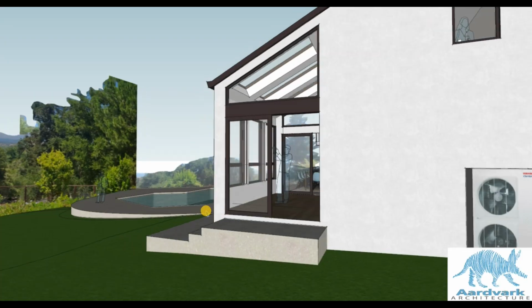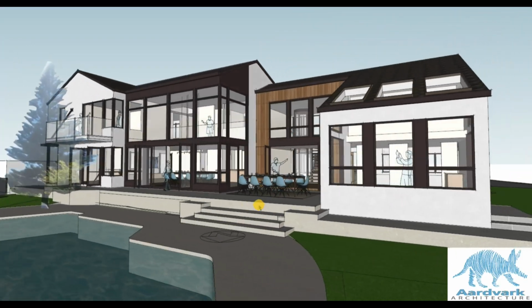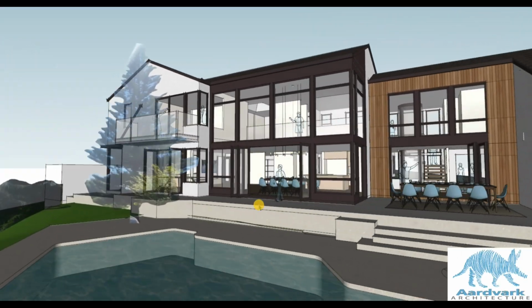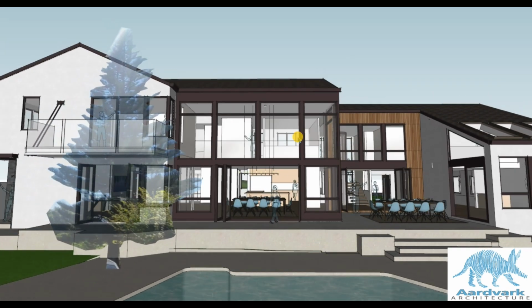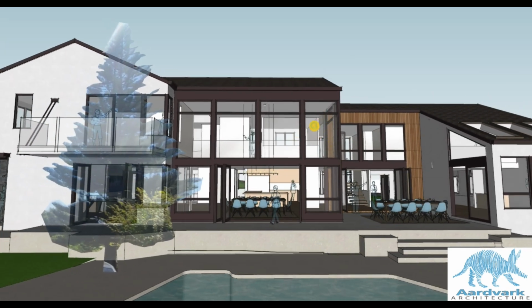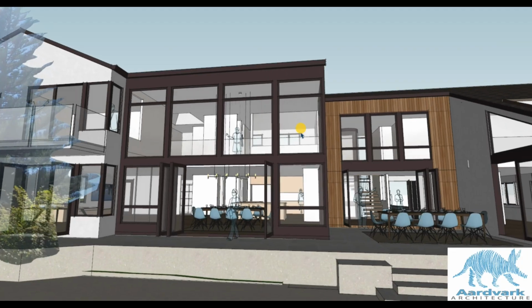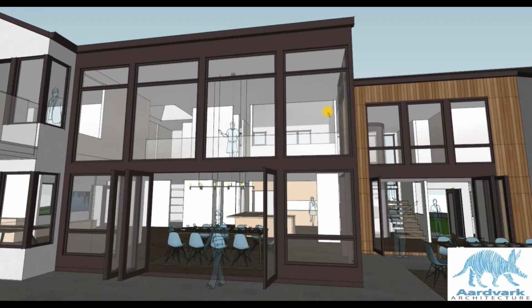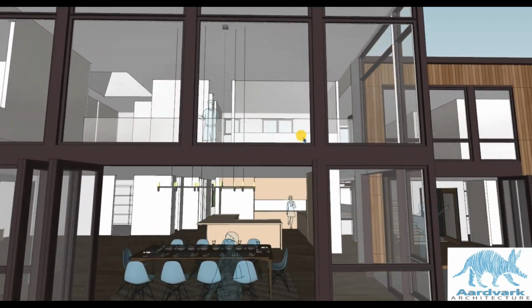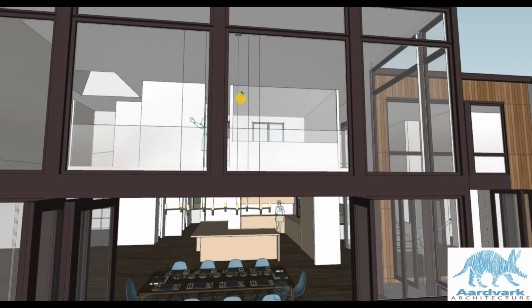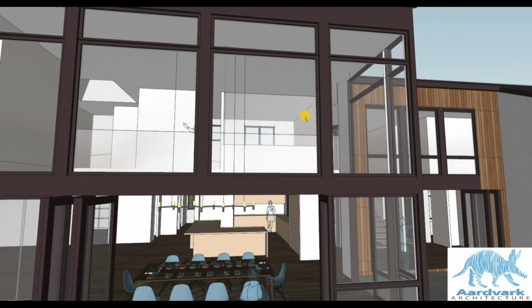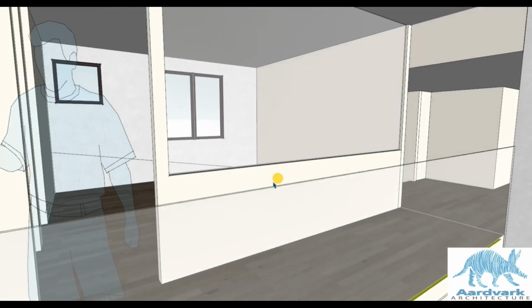All right, let's go back around this way. And once we get past, or we can see through here too, when we look through the two-story dining area, we're seeing the concept, at least, of the frosted glass panel happening at this upstairs bedroom.